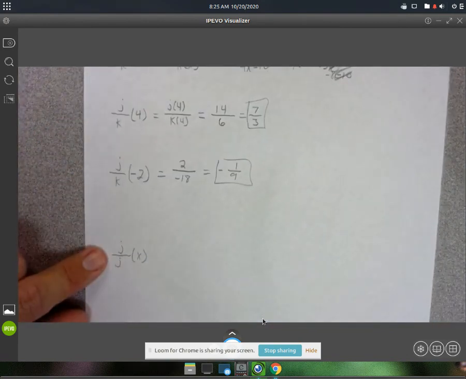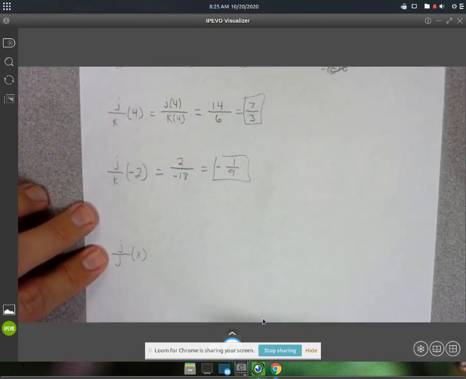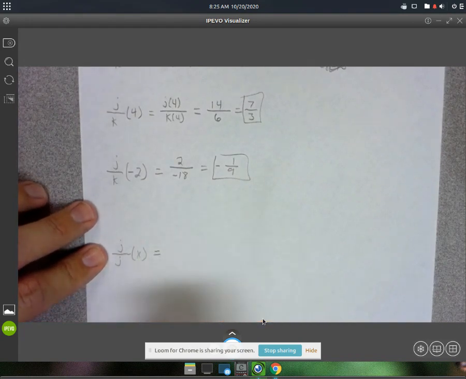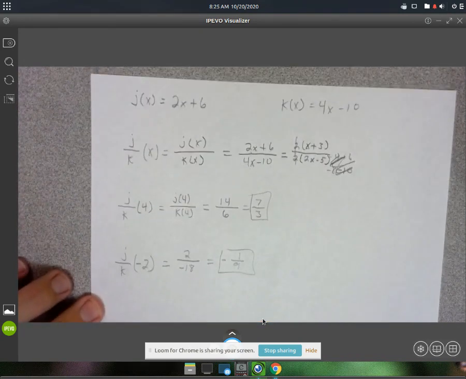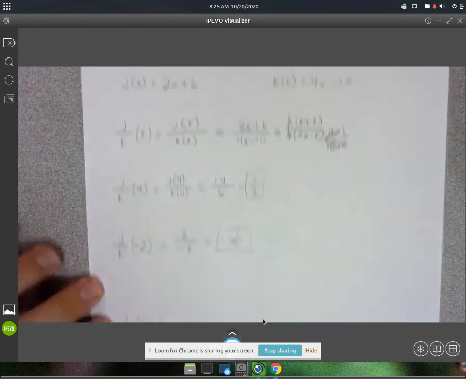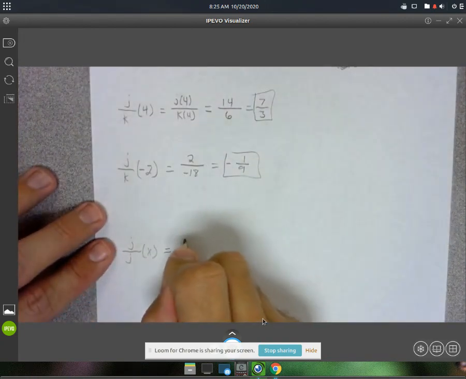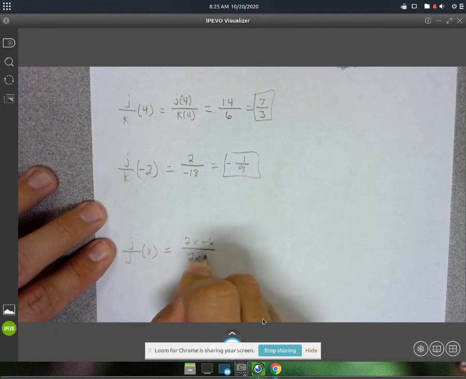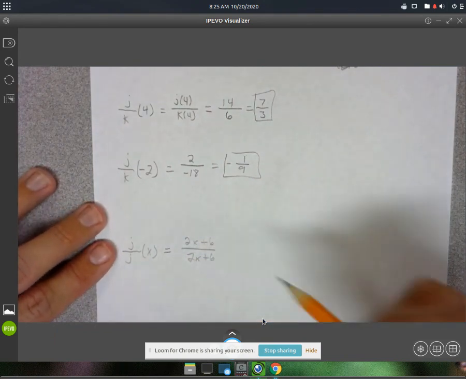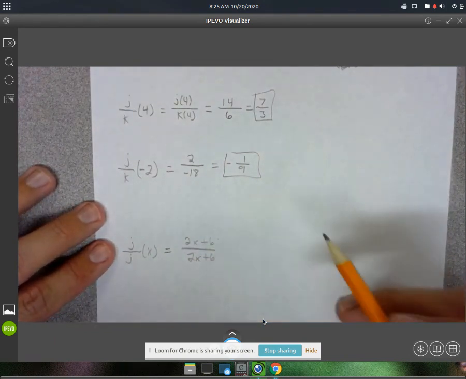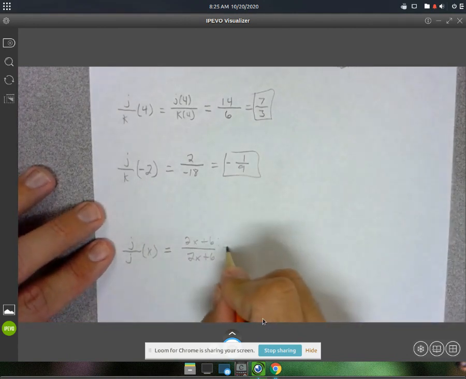All right. This j over j of x, I just want to show you what happens here. J was 2x plus 6, so you wind up with 2x plus 6 over 2x plus 6. And anything divided by itself will always equal 1.